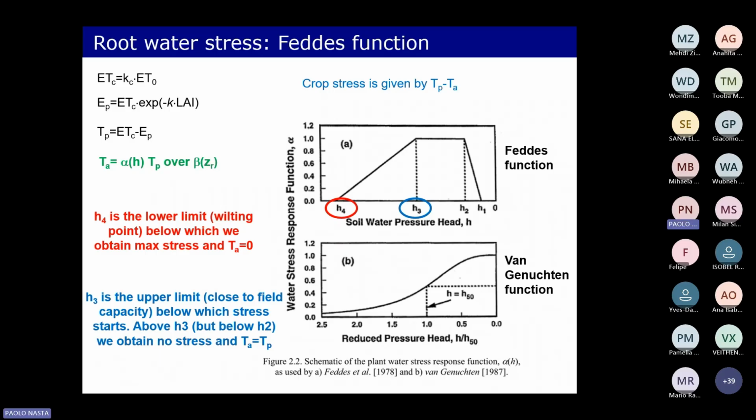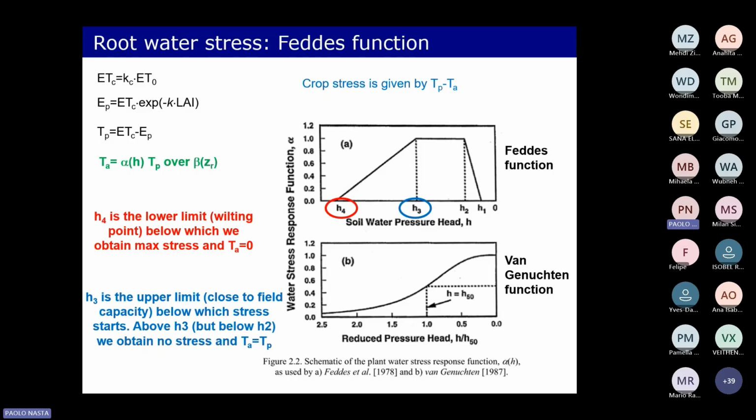The H3 is the key pressure head at which the alpha starts to get below 1. Above H3, the alpha will be 1, so there will be no stress because alpha is a multiplicative factor to potential transpiration.